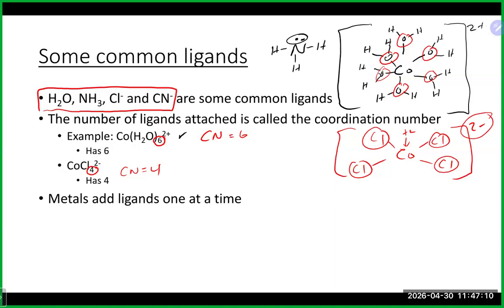Monodentate, mono meaning one, means that they will attach to the metal through one atom only. So even though water has 3 atoms, it will always attach through the oxygen, and that's what is referred to as being monodentate. It will attach in one spot.